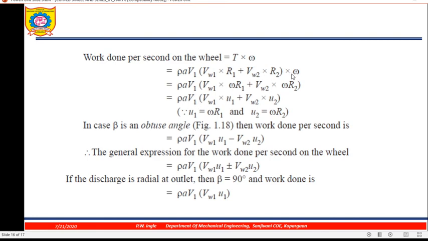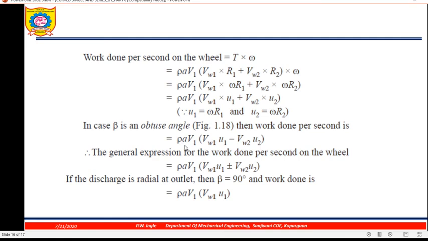So you get rho A V1 into VW1 U1 plus VW2 U2, where U1 equals WR1 and U2 equals WR2.